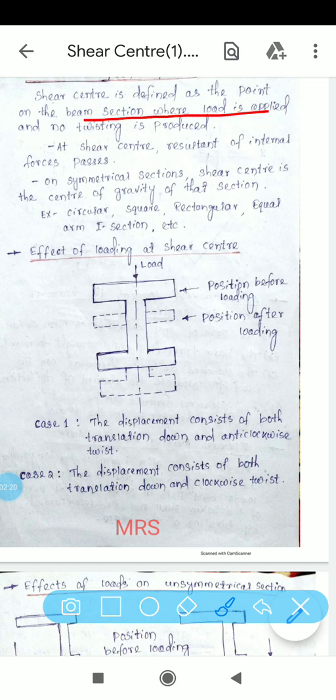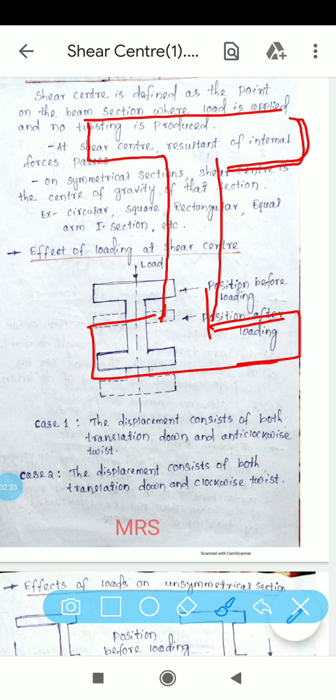Next, you can have a cross section of I type, C type, L type. Try to consider bending of a beam of such cross section. For example, you take an I section. This one is your symmetrical I section, an I section having equal arms, meaning the upper side is equal to the lower side.